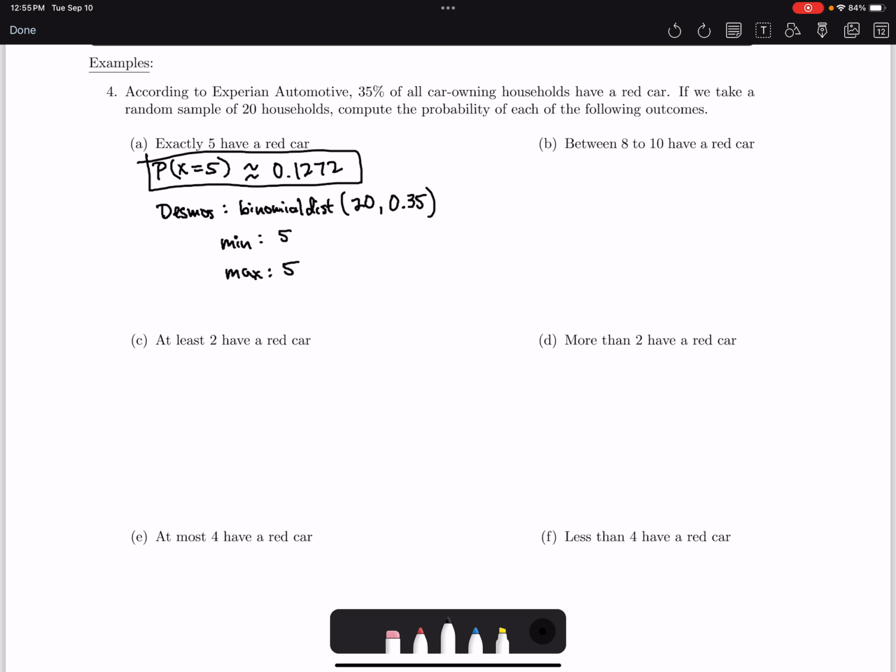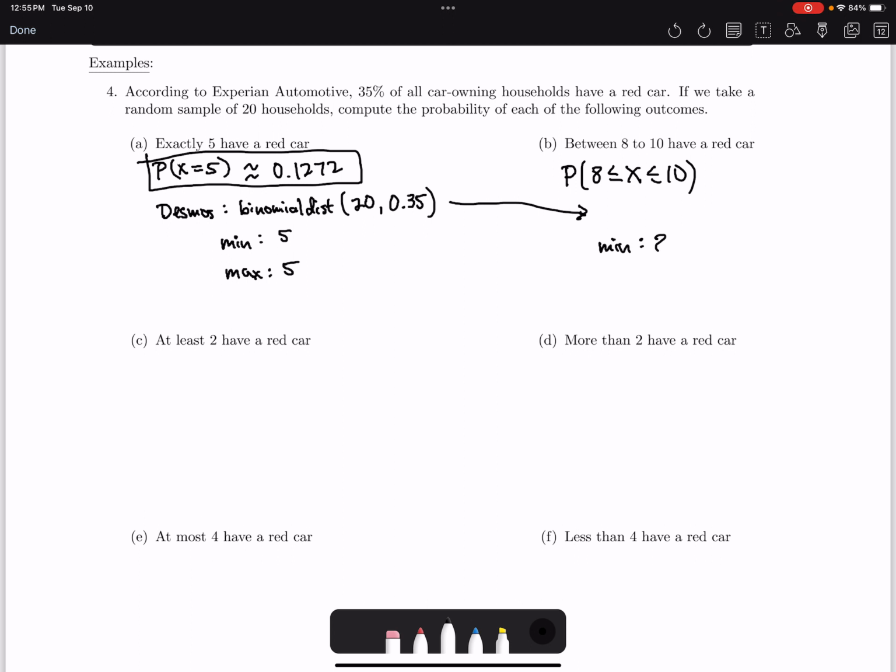Part B asks for the probability that between 8 to 10 have a red car. So this is going to be probability that x is between 8 and 10. Again, we're going to use the binomial distribution in Desmos. So I'm just going to say it's the same thing here, but I do need to change my min and max.